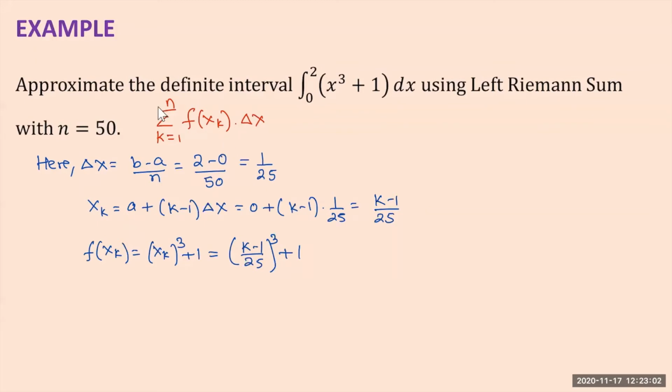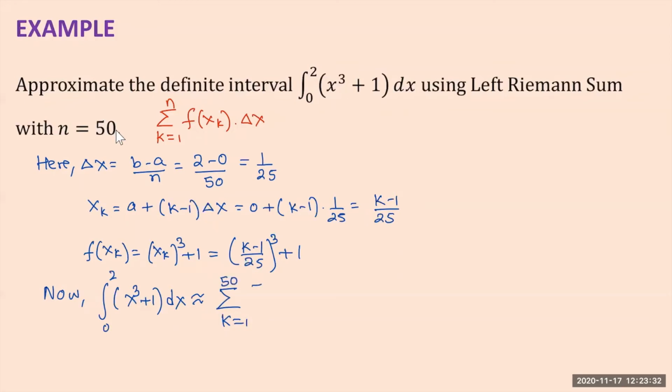So once we have everything ready, now we can approximate this definite integral. Now, let me write that down. The definite integral from 0 through 2 of x cubed plus 1 dx will be approximately equal to the sum from k equal to 1 through n. In this case, n is 50.